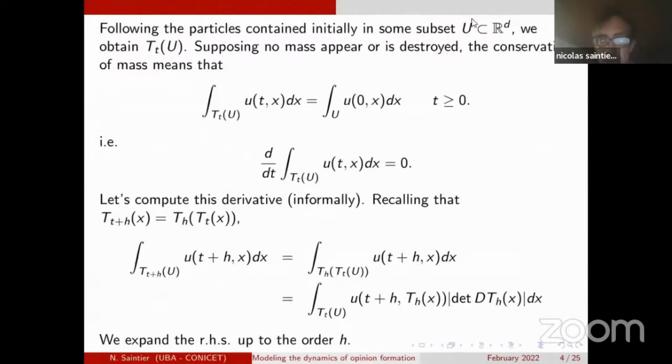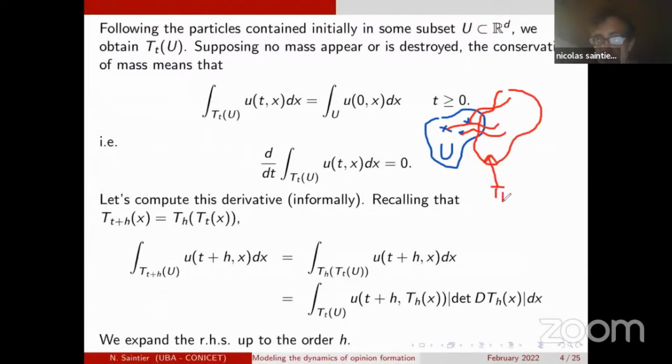Let's say this is my piece of space U. I pick all the ink particles in U and follow their trajectories for a time t. Something like that. And doing that, at time t, we would arrive at Φ sub t of U.